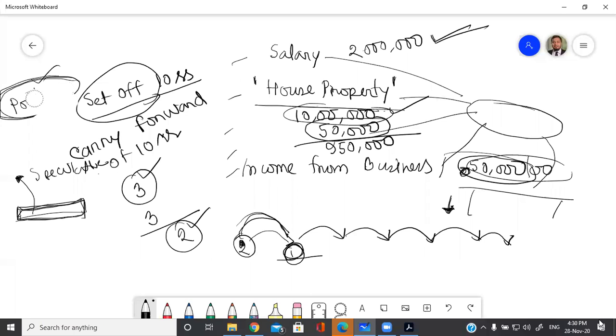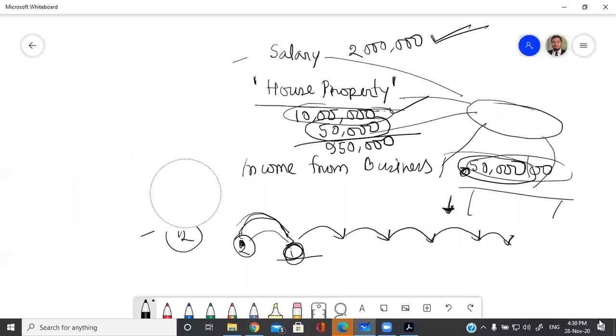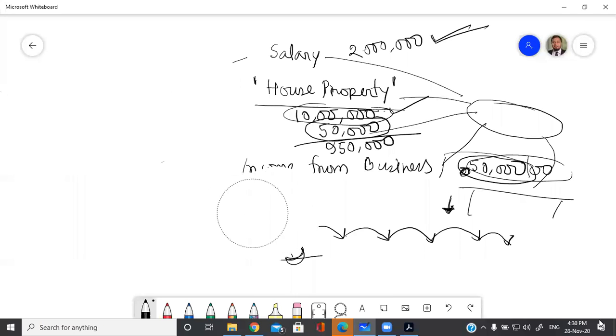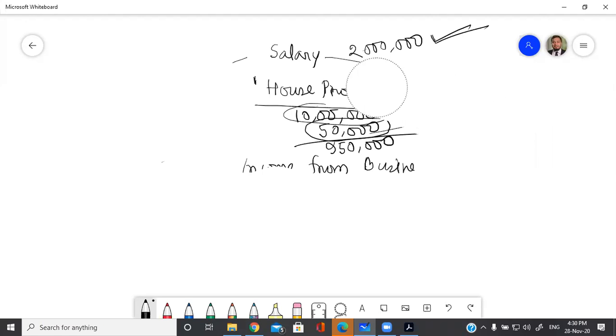One of the purposes of this concept, as you have already recognized, is that it gives you the opportunity to reduce the tax liability. For positive income, you pay taxes to the tax authority.